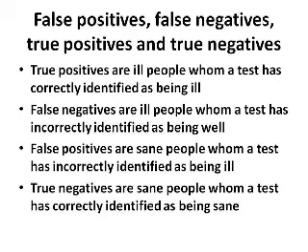Those are false positives. And true negatives are the people who are sane, but whom the test has correctly identified as being sane. So this would be the people that do not have the HIV virus, and the test tells us that they do not have the HIV virus. Those would be the true negatives.